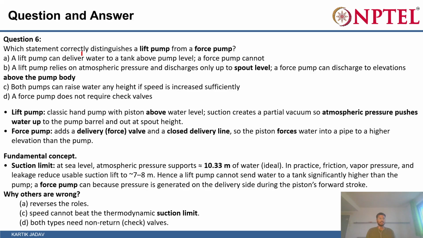Question number 6. Which statement correctly distinguishes lift from force pump? Before that, let's understand what a lift pump is and what a force pump is. A lift pump is a classic hand pump with the piston above the water level, and its suction creates a partial vacuum so atmospheric pressure pushes the water up through the pump barrel and out of the spout.